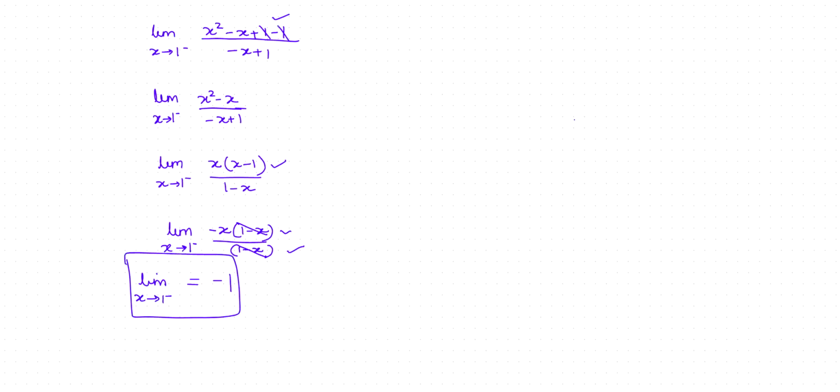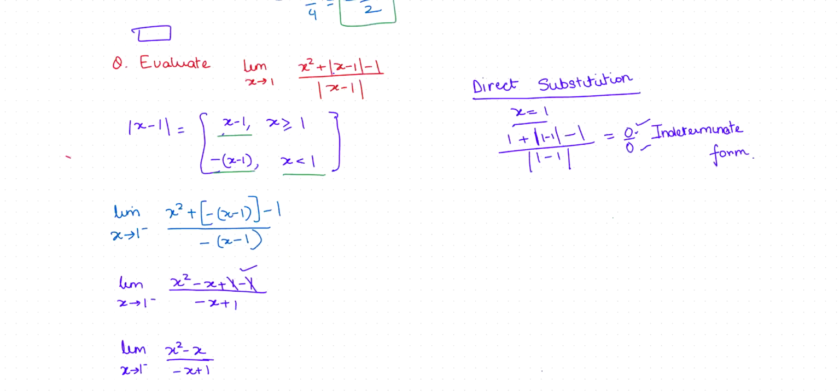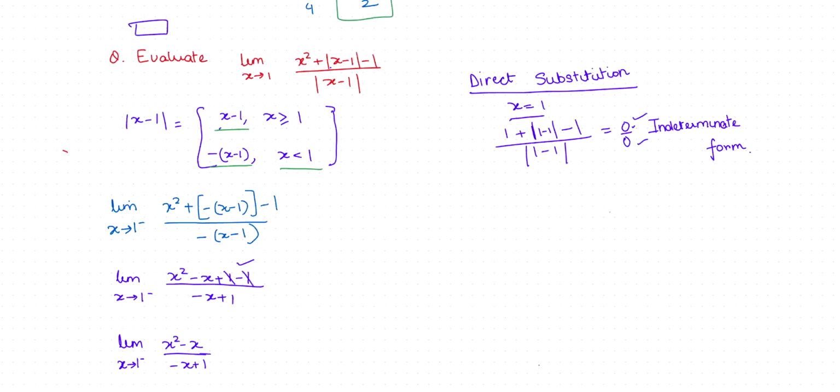Now let's find the limit of the function when x is approaching from the right side. When x is approaching 1 from the right-hand side, we substitute the absolute value of x minus 1 as x minus 1. And now let's simplify this.